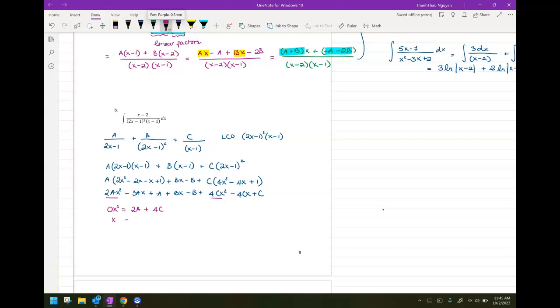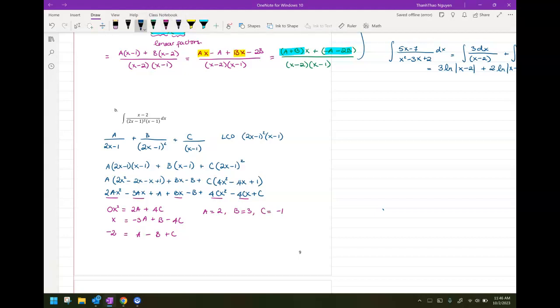For the x term, we get negative 3a plus b minus 4c. And for the constant term, we get negative 2 equal to a minus b plus c. We will solve the system of equations for a, b, and c, and we get a equal to 2, b equal to 3, and c equal to negative 1.